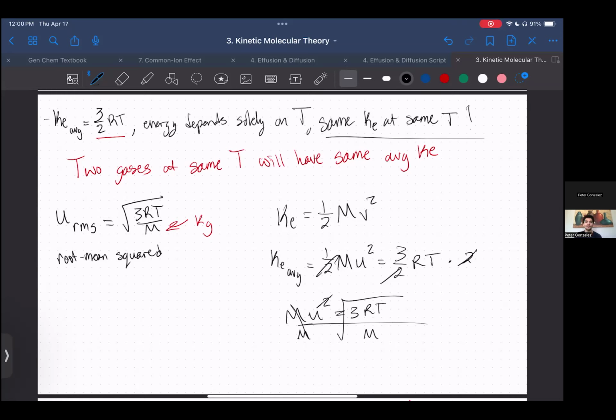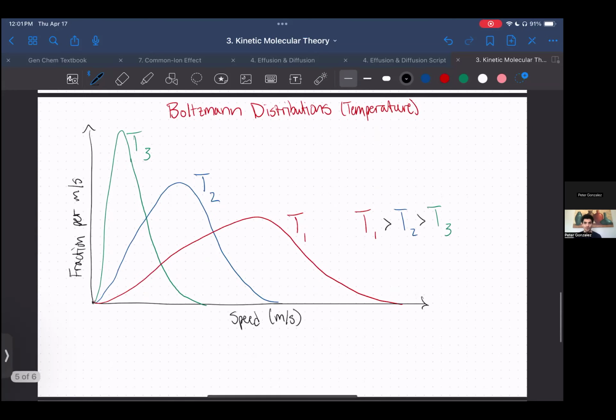The only reason I wanted to touch on that a little bit is because I do want to show you how root mean squared is used in an actual context in chemistry. So for that, we can talk about Boltzmann distributions. This is where we get into the cooler parts of gases.